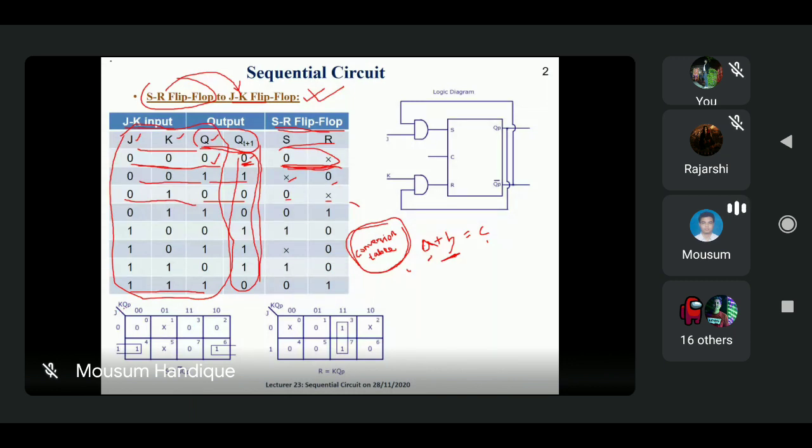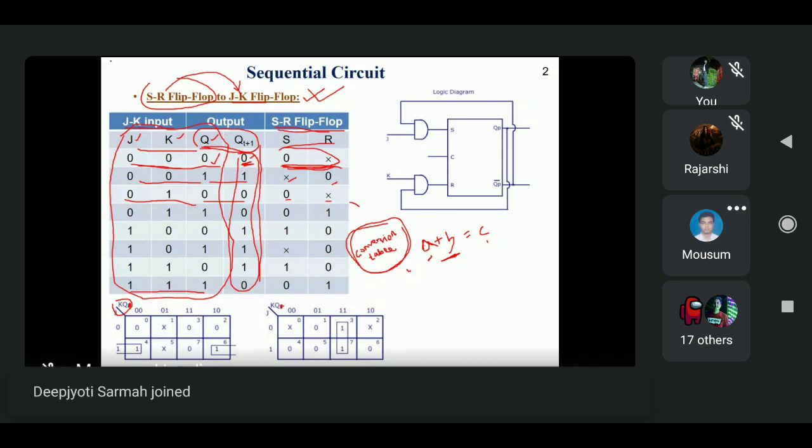Here I am using, don't use QP, just use Q only, because from the state table I am mentioning, if you are using QP here, you can use QP there also. But here I am using only Q. So you can just consider J, K, Q. Don't use the P here, otherwise it is confusing.